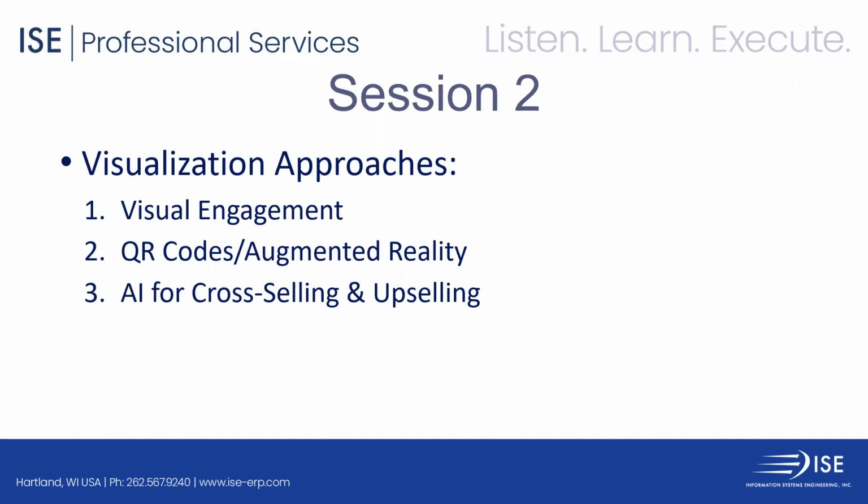And then lastly, we talked about the optional Coleman AI, artificial intelligence for cross-selling and upselling. And that's a very new addition to Cloud CPQ that is an add-on module. But it's just amazing what that can do.